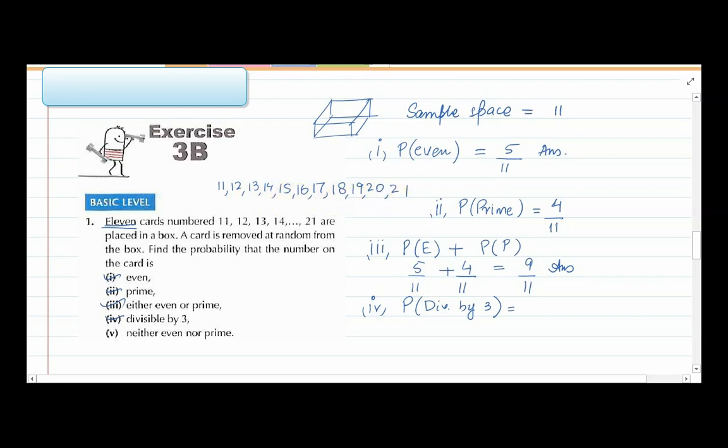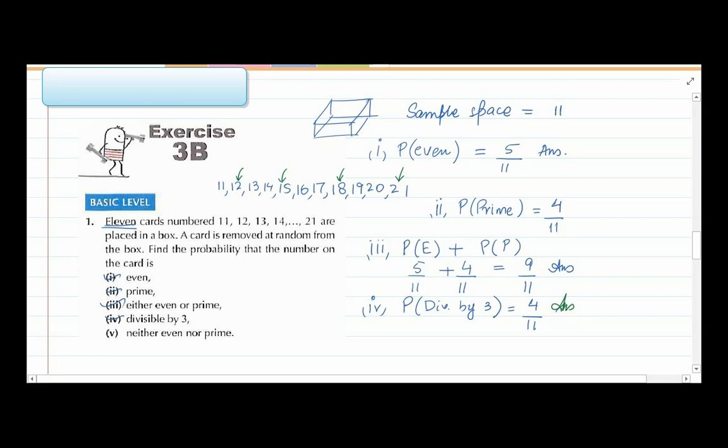So there are 4 numbers that are divisible by 3. Again I am telling you, I am just marking them with the green pen. So the numbers divisible by 3 are 12, 3 4s are 12, 3 5s are 15, 3 6s are 18 and 3 7s are 21. So these 4 numbers are divisible by 3 and that is your answer.